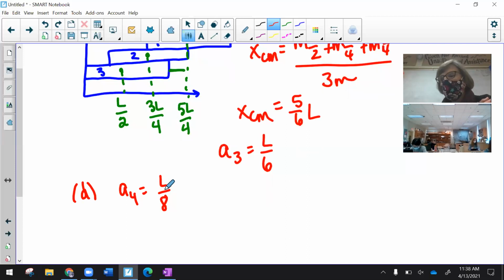A4 is going to be L over 8, which is 0.125, so we're going to go with about 12 centimeters.